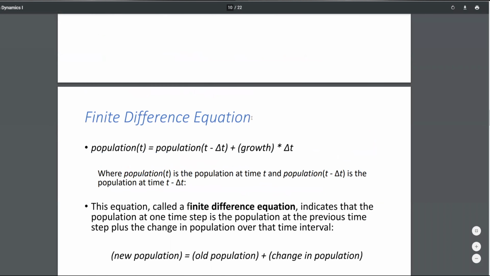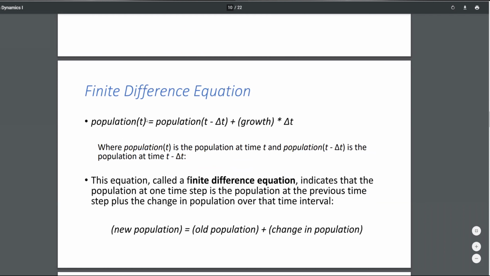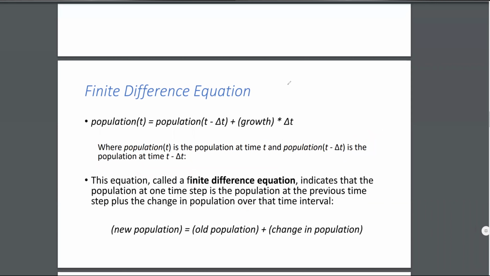Right, so here it is getting a little complicated, but we're talking about the new population equals the old population plus the change. Where I'm heading with this is to show you the connections and how you're going to play around with delta P over delta t.